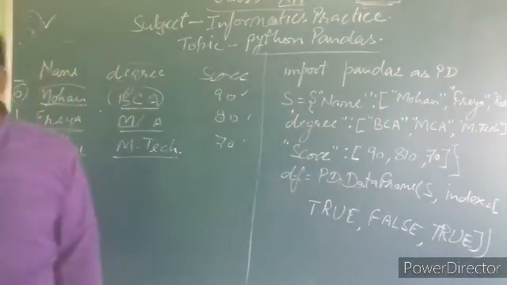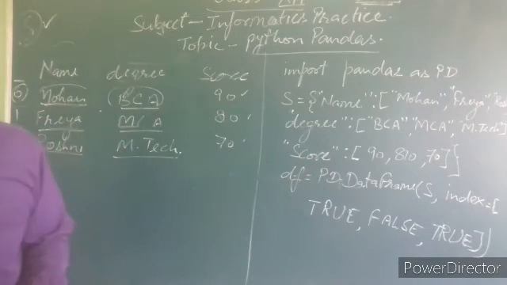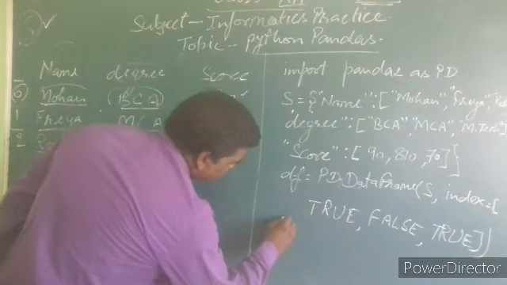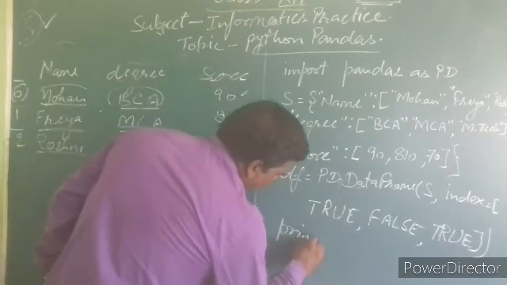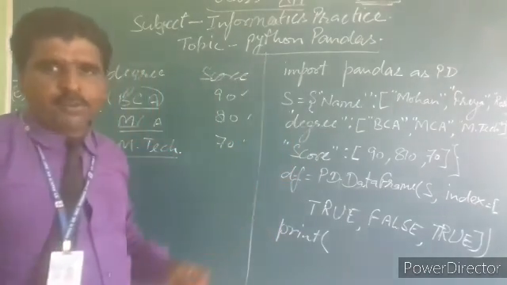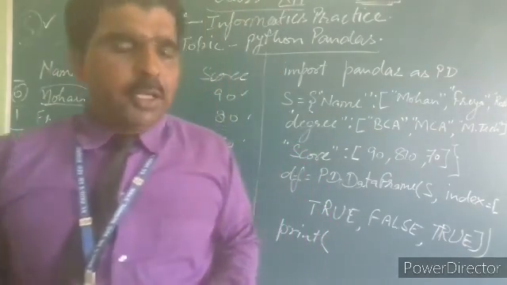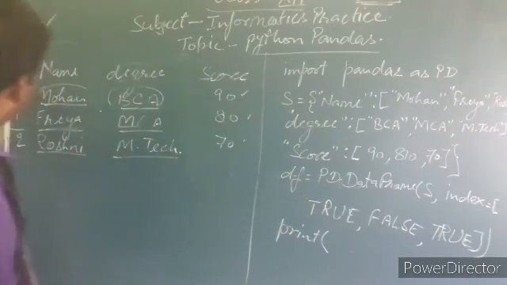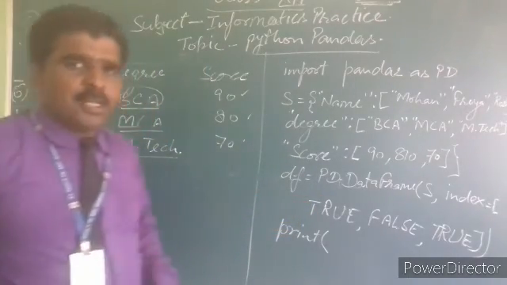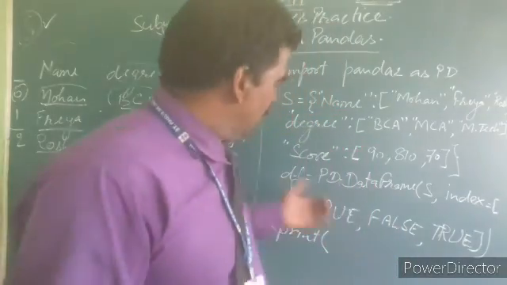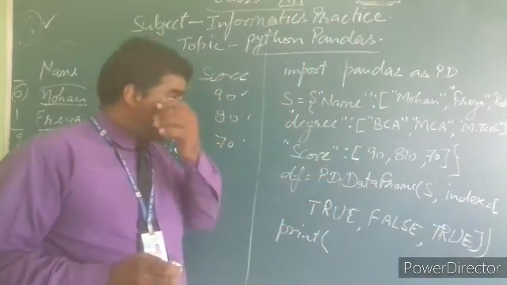See, the indexing will be generated as Boolean, if you are displaying this value. Print df, if you are writing print df, then it will be displayed in the form of true false like this. So this type of output, if you want to get, for that you have to write true false.